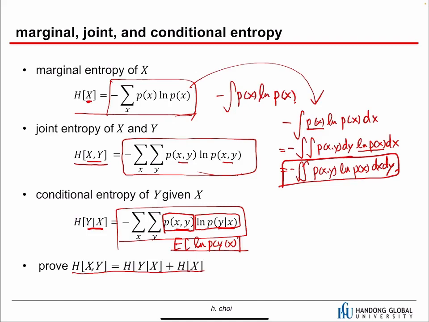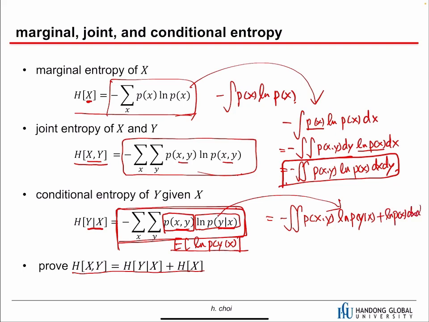And then look at this one. When we add this one to this one, it is minus the integral. We have the same term here, the probability of X and Y, and log P of Y given X, plus log P of X dx dy.